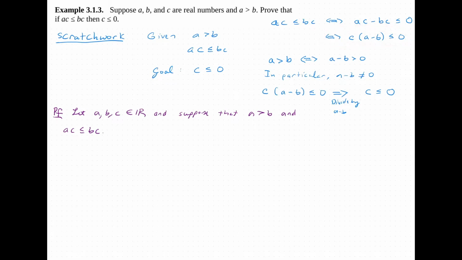But now, what we are going to do is write this in reverse. So, we saw that we can get from here to here once we know that A minus B is greater than 0. And so what I am going to do for the proof writing is mention this first, even though in our scratch work it came second.